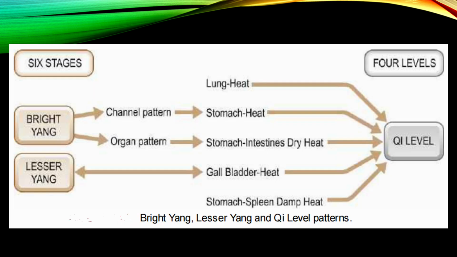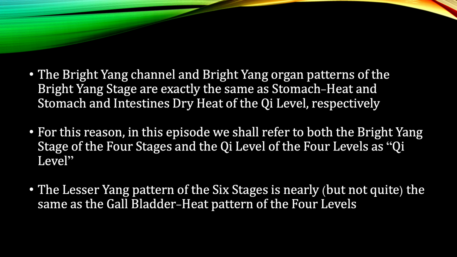So we have here the figure illustrating the various patterns for both the 6 stages and 4 levels at the qi level. The bright yang channel and bright yang organ patterns of the bright yang stage are exactly the same as stomach heat and stomach and intestines dry heat of the qi level respectively.